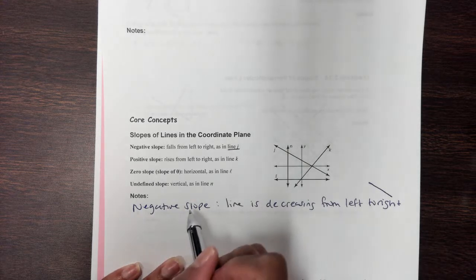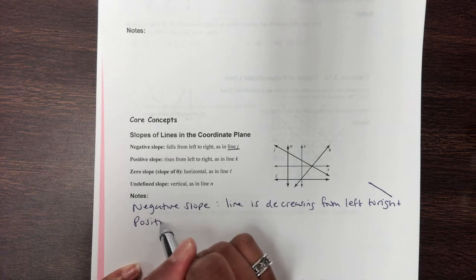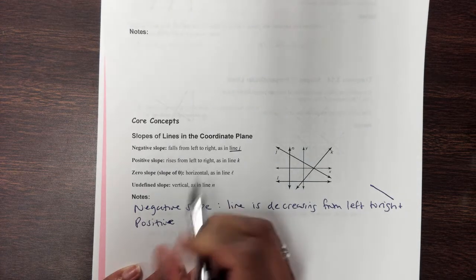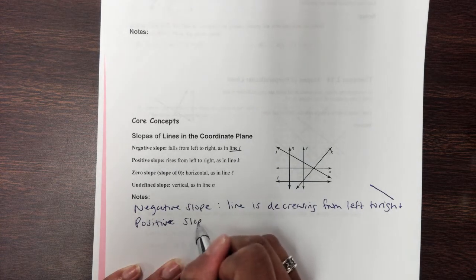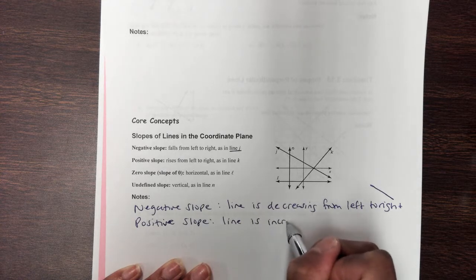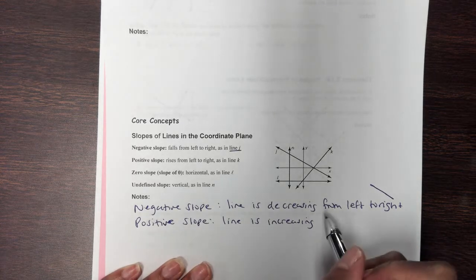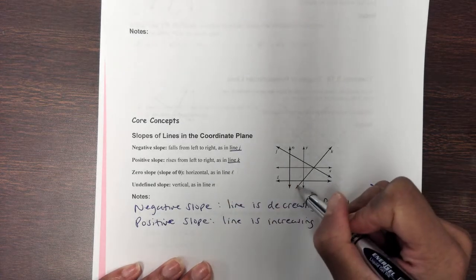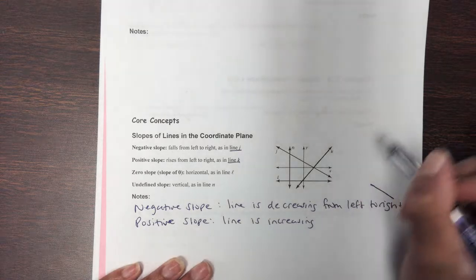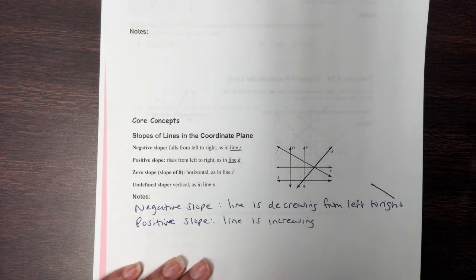So I have a positive slope. Positive slope is like increasing. A positive slope line is increasing from left to right. So that is like line K. Line K is increasing, it's going all the way up. Think about you getting more money instead of losing more money.